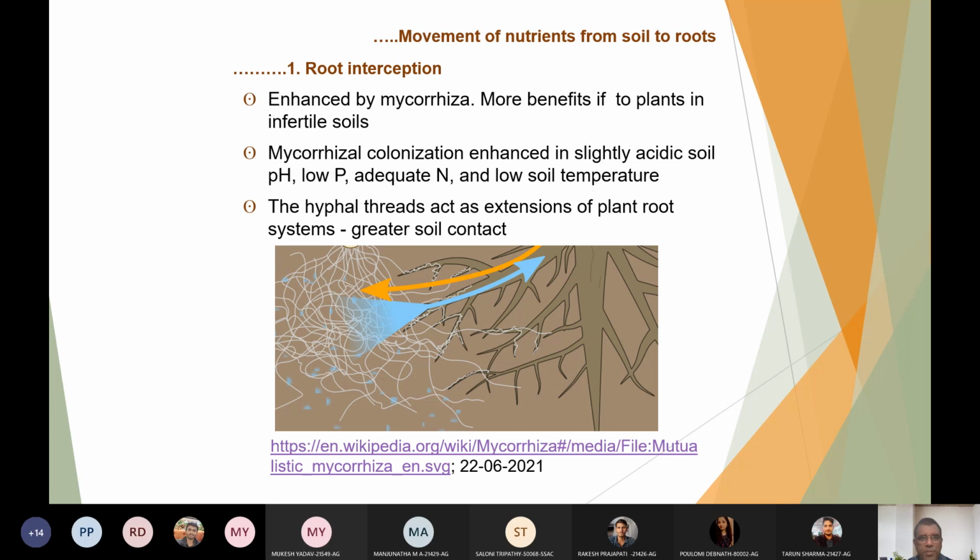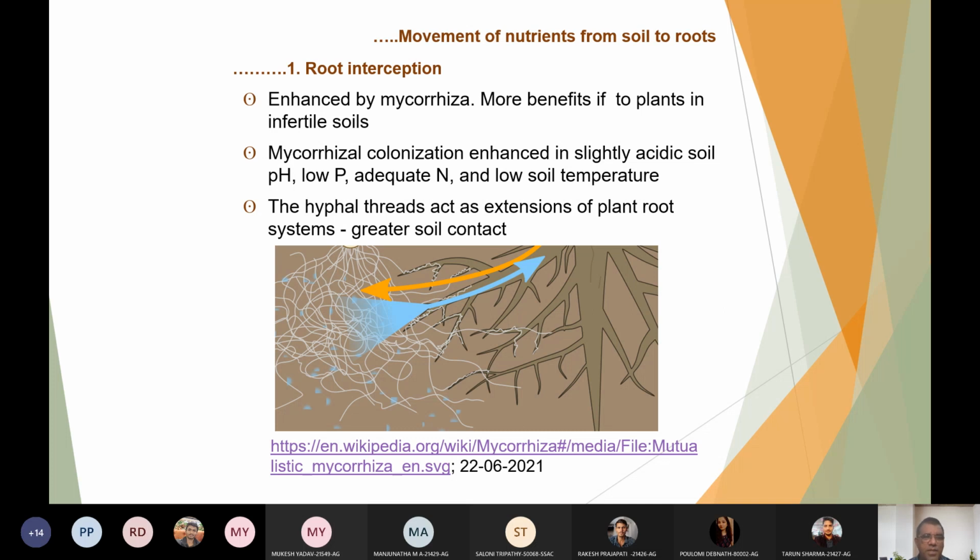And the next important point is that the root size can be enhanced by microbial or mycorrhizal infections. So these mycorrhiza help to increase the absorptive area of plant roots. So the more mycorrhiza, the more benefits it gives to the plant, particularly in infertile soil. In soils where you have less phosphorus, under those conditions, mycorrhiza could be very useful.